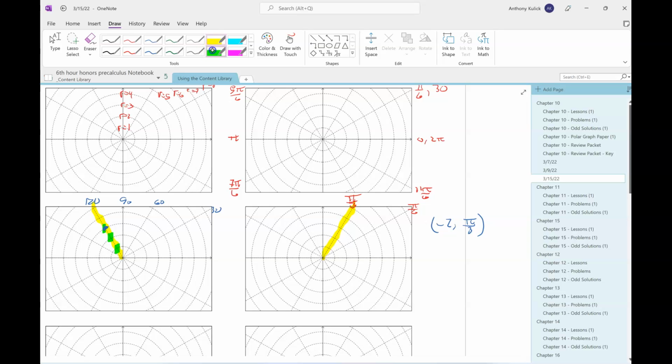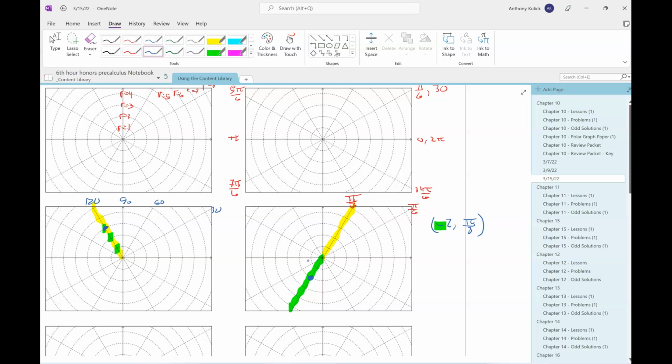Okay, but now I have -2. What the heck do we do with the negative? All it means is that we're just flipping the angle line we're using. So we're just going to be over here now. And then we're just taking 2 units down then. Is that cool?